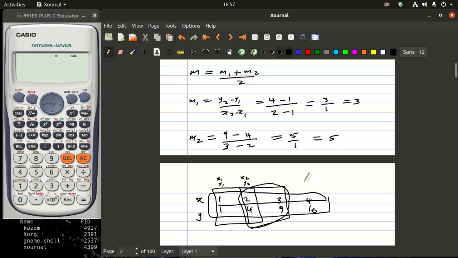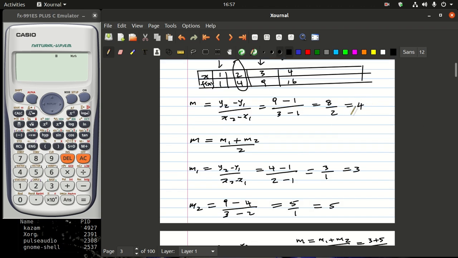Now, if I am taking now my m to be m1 plus m2 all over 2, it is going to be 3 plus 5 over 2, which is 8 over 2. So this is going to be a 4, which is actually the same as this one here.